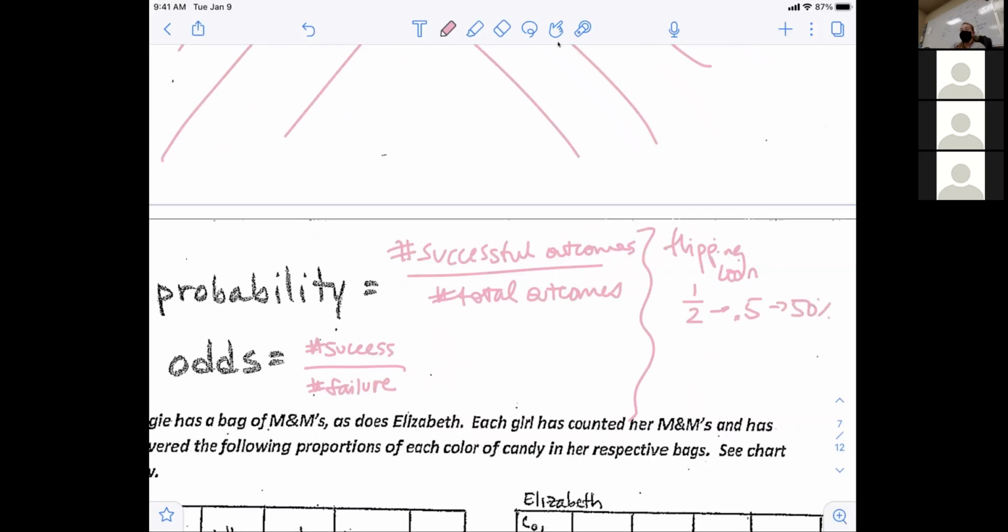The odds, though, is the number of successes over the number of failures. If I want tails, there's one success, and then how many failures are there? One. The failure would be a heads. So you can write it as 1/1. A lot of times we see it as ratios too. I would not write it as a fraction or a percentage. I just would write it as 1 to 1 or 1:1.